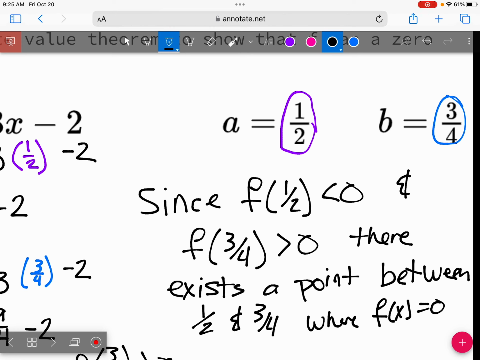So it's using that intermediate value theorem that we wrote from that very first page. Fill in the blanks with what our A and B were. Then there must be a point between A and B when f of x equals 0. There must be at least one. There could be more than one. I doubt it since they're so close together, but it's possible. There must exist a point between 1/2 and 3/4 where f of x equals 0.